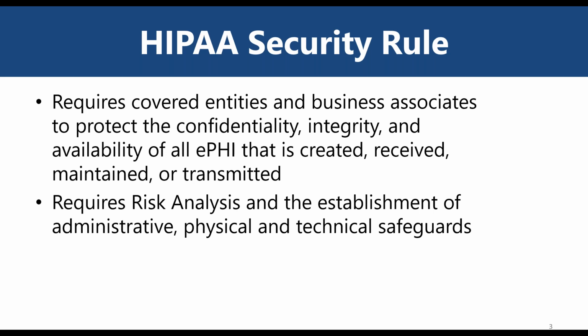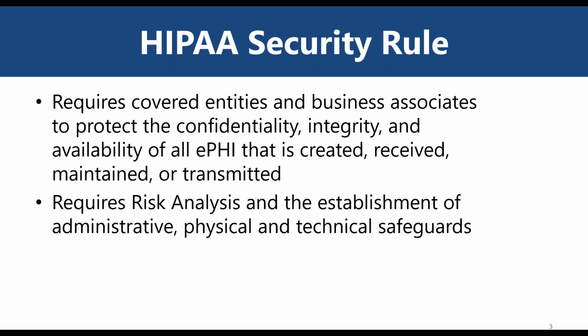And I think it's important to look beyond just an electronic health record or just a billing system. We've got to look at everywhere that you have electronic protected health information created, received, maintained, or transmitted. And we'll talk a little bit about that as we move through today's webinar.